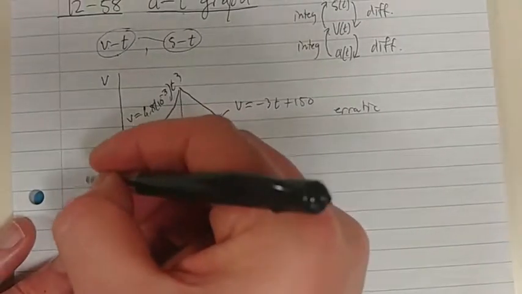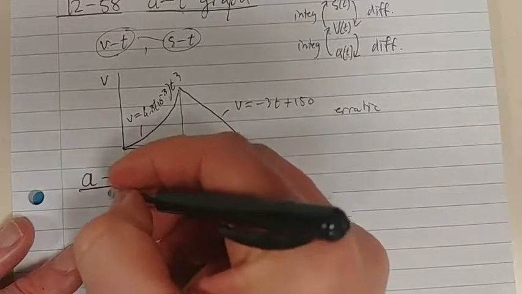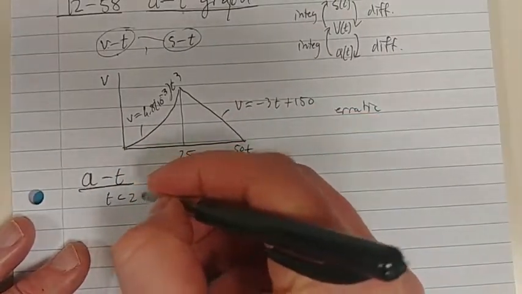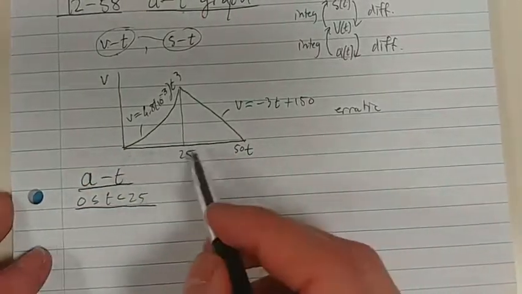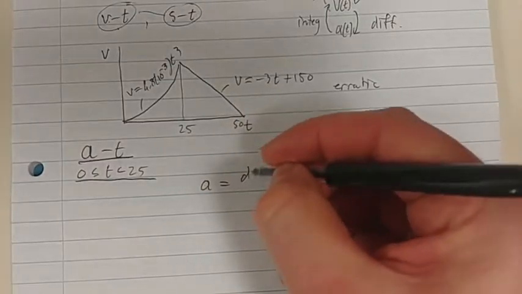So again, what do we do? We break it up. Here's our AT curve. We break it up between 0 and 25. We know a is equal to dv dt.